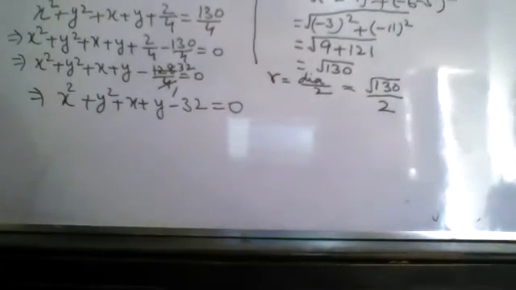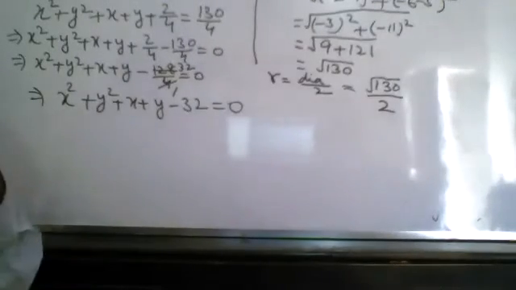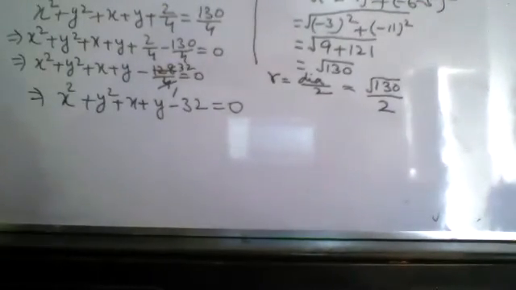Otherwise, we can find the radius directly by taking the center and one of the 2 given points. After finding the radius and center, we will use the same formula: x minus the x coordinate of the center whole square plus y minus the y coordinate of the center whole square equal to r square.